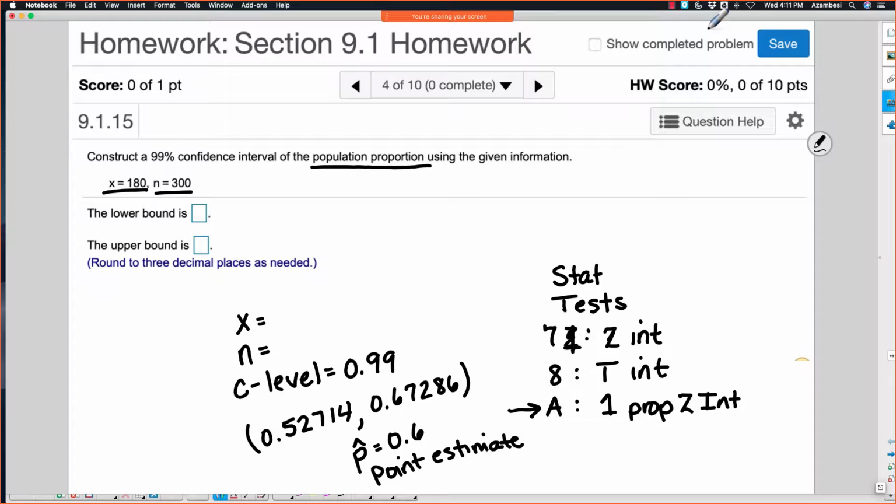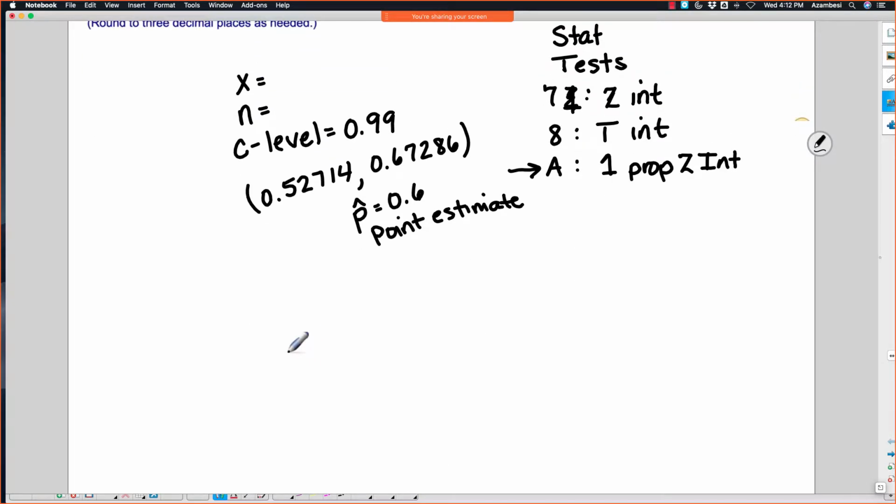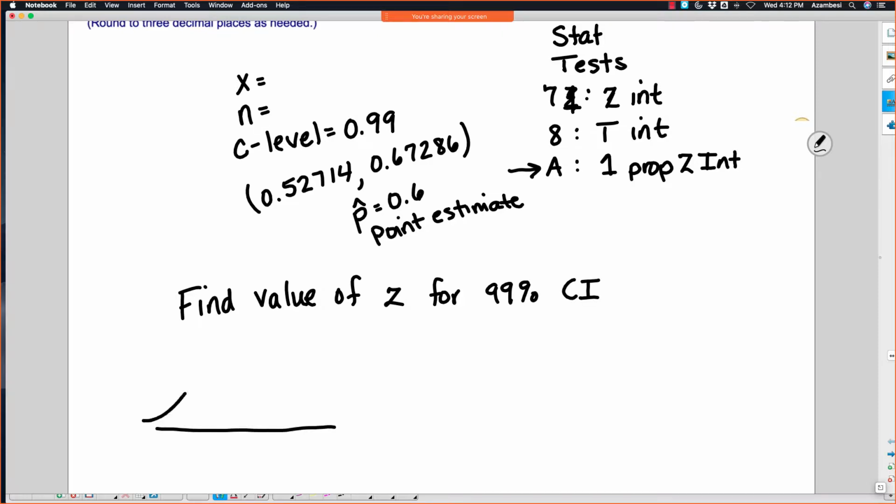So for example, let me pop up some additional space here. If we want to find the value of z for a 99% confidence interval, what we use is the inverse normal function.